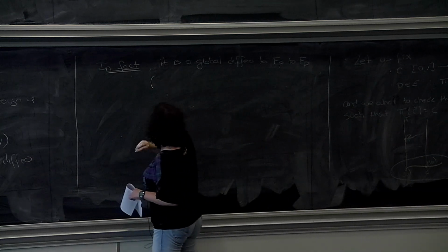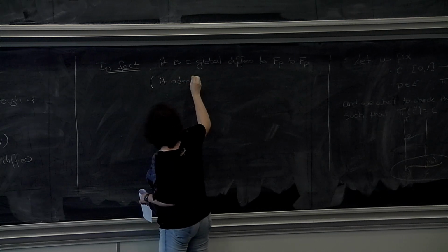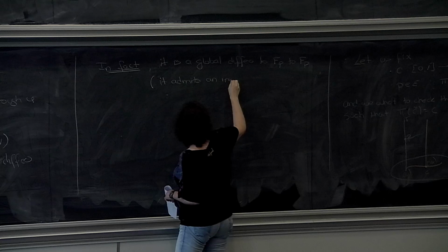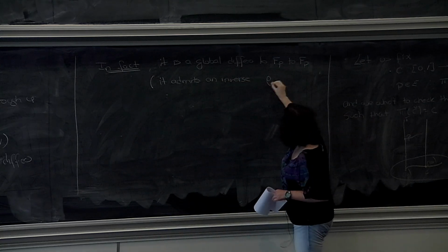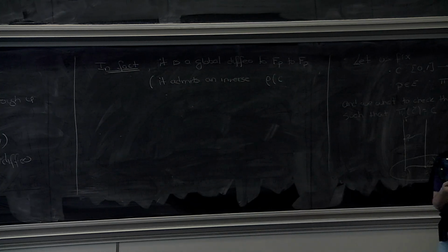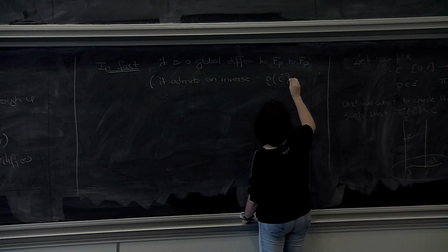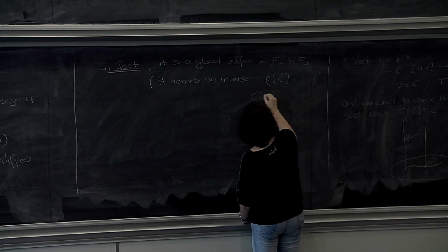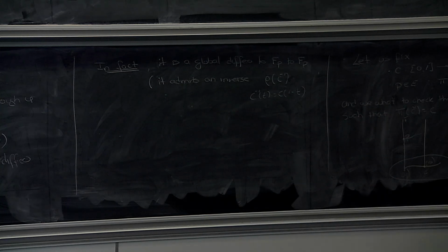And it is global since, in fact, it admits an inverse that corresponds to the element associated to following C in the opposite direction. So I will put here C minus 1, where C minus 1 of t is C of 1 minus t. Okay? So it is in fact a global diffeomorphism.